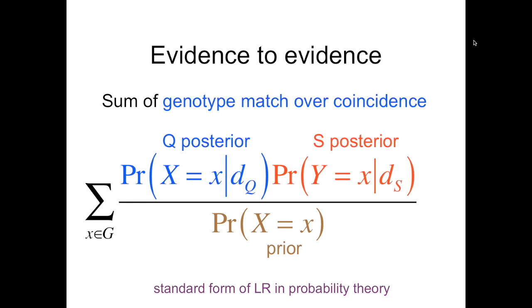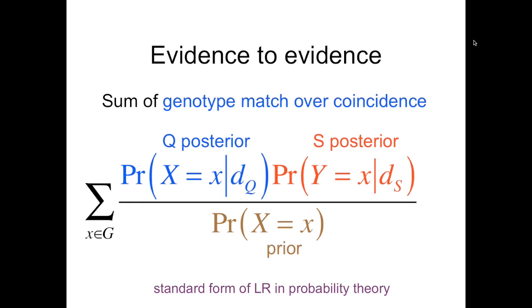So if there's uncertainty, the terms don't all collapse into one term, and now we have a sum of terms of the evidence posterior probability times the subject in red posterior probability divided by the prior probability for each genotype value summed over all the allele pair possibilities for these single contributor genotypes.